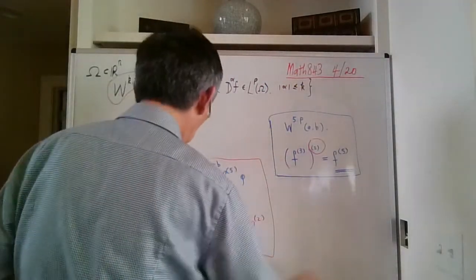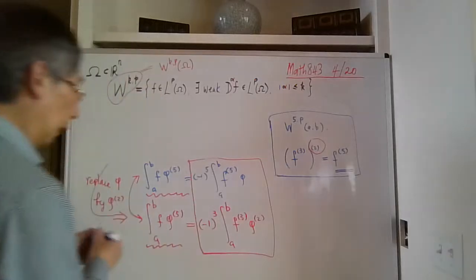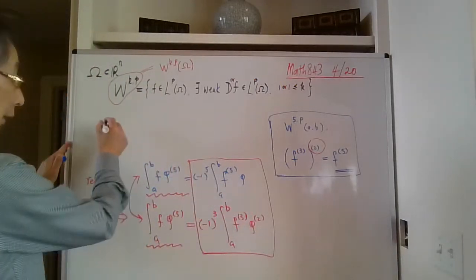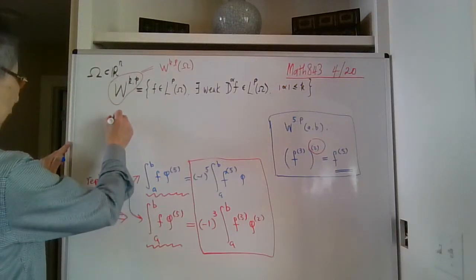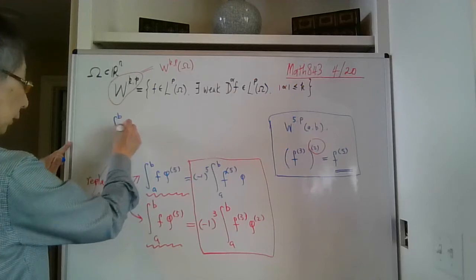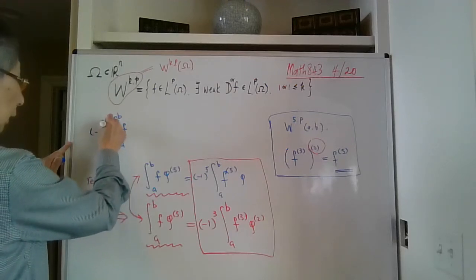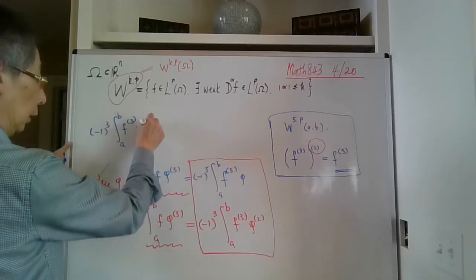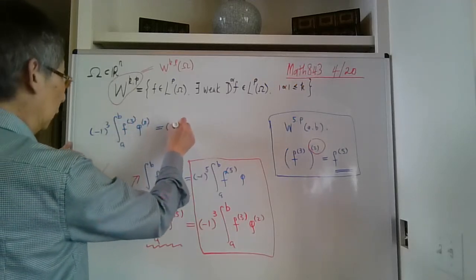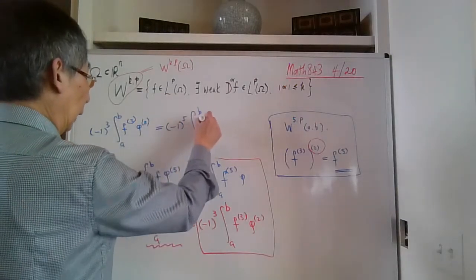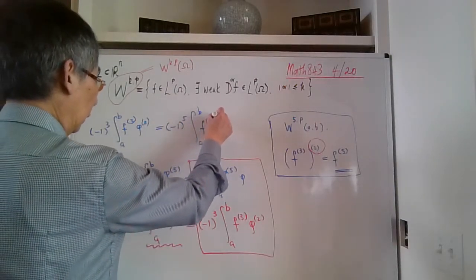Starting from here, the left hand side is the integral over AB of f times the third derivative of phi2, and this equals minus 1 to the 5th, the integral over AB of f5 times phi.